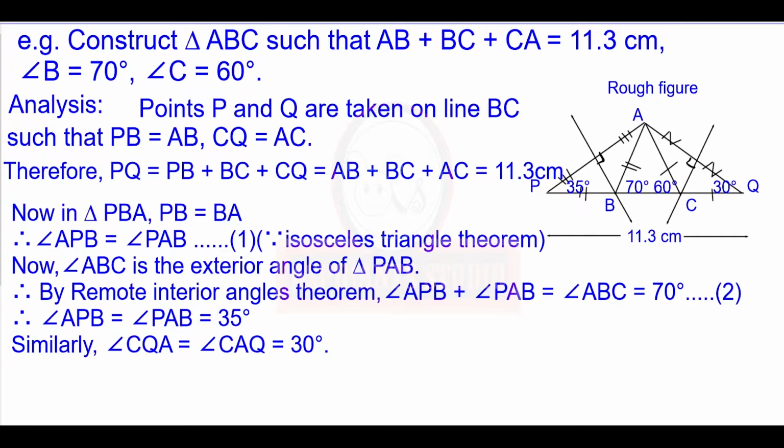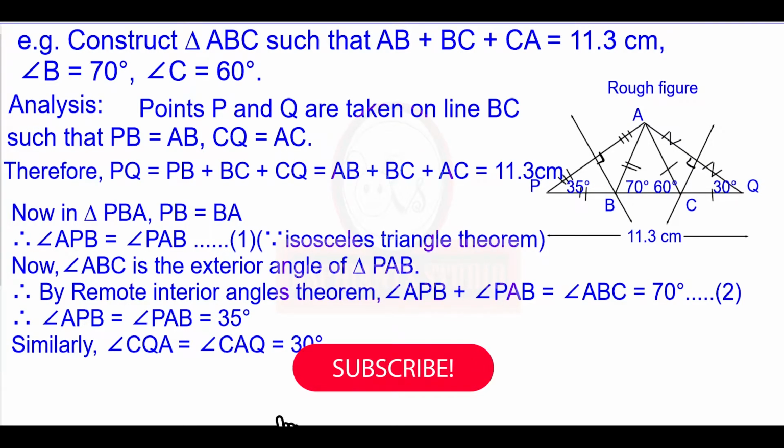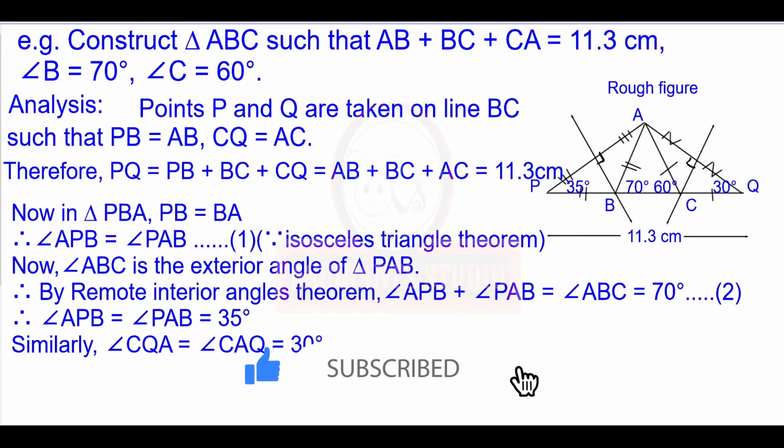Now in triangle PBA, PB is equal to BA according to our construction. Therefore, applying the isosceles triangle theorem here, angle APB is congruent to angle PAB because the angles opposite to congruent sides have the same measures.